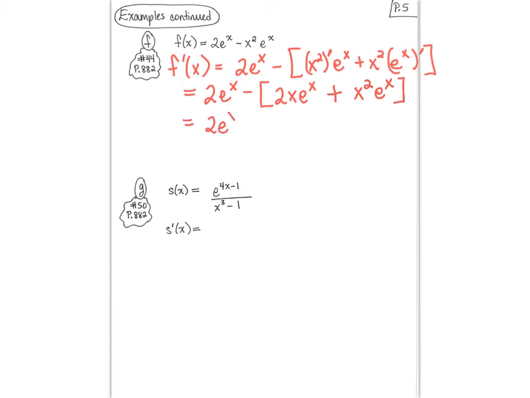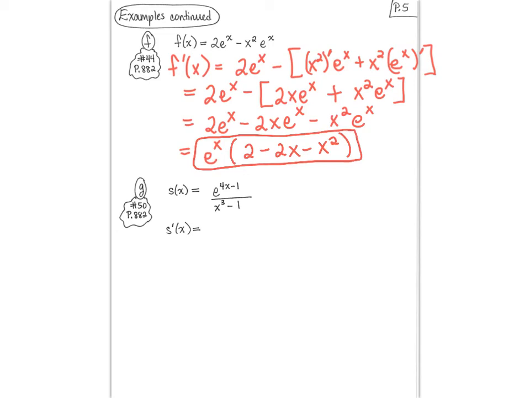We get 2e to the x minus 2x e to the x minus x squared e to the x. The only thing you could do from this point, because there's nothing to simplify, is factor out an e to the x. Now, I would accept this as an answer, but you can also factor out e to the x and rewrite it as e to the x times the quantity 2 minus 2x minus x squared. And that's your final answer.